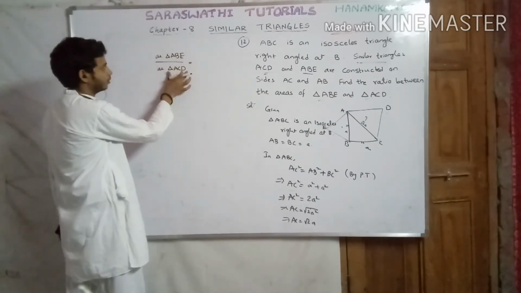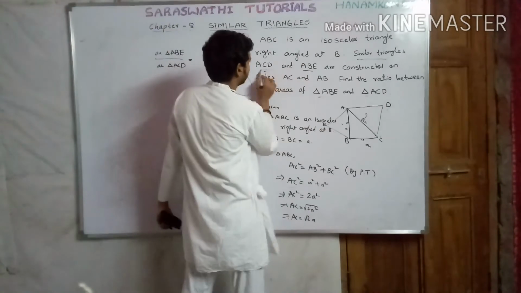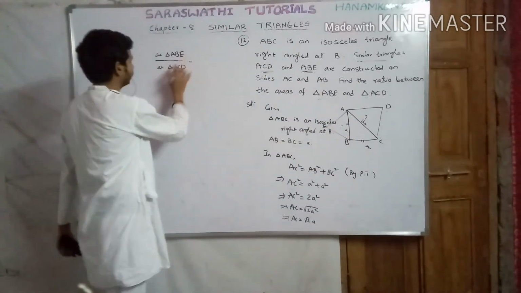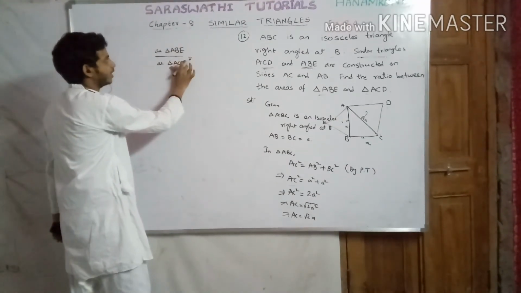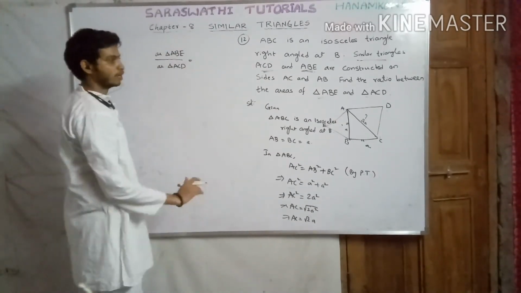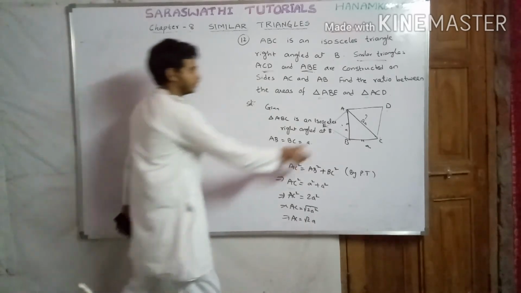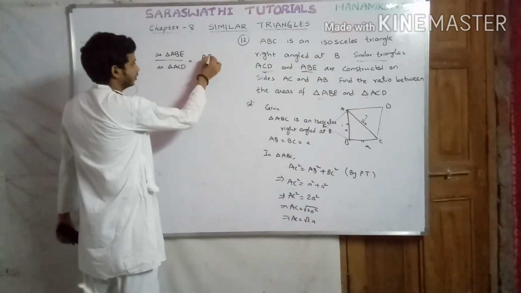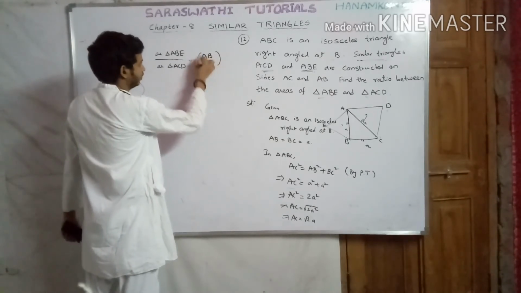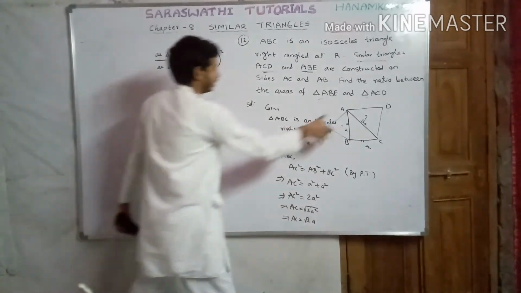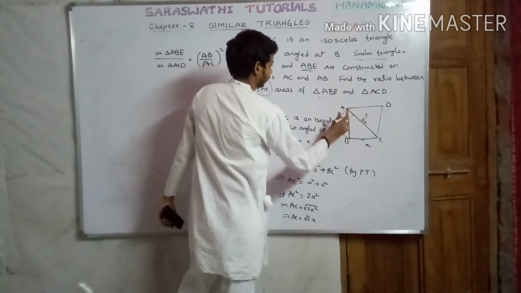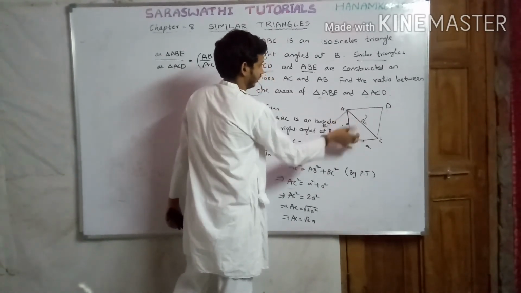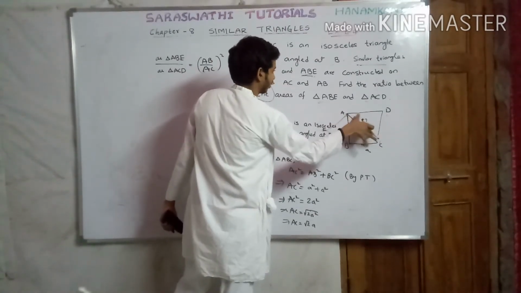Since the triangles ACD and ABE are similar, as mentioned in the question, the ratio of their areas is equal to the ratio of squares of corresponding sides. So we can write it as (AB by AC) whole square. The side corresponding to AB in triangle ABE is AC in triangle ACD.